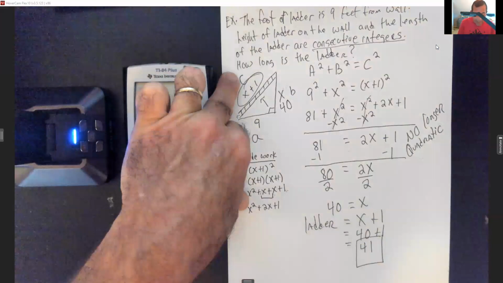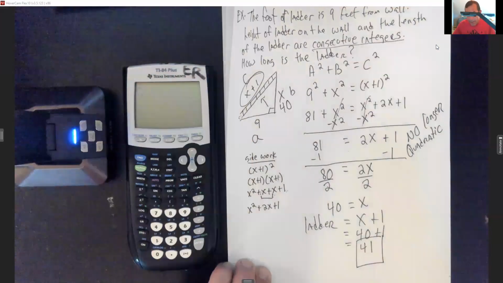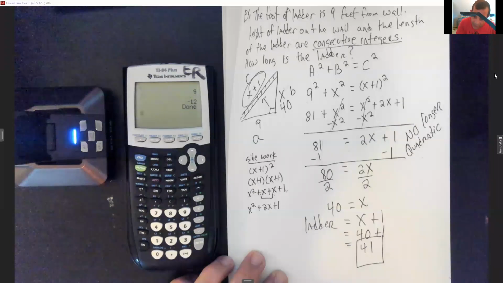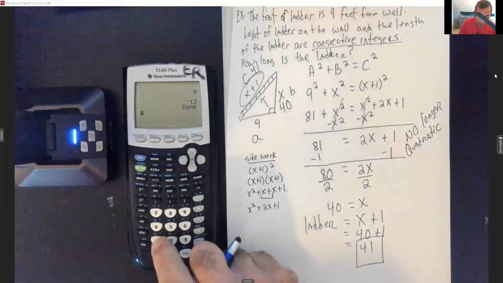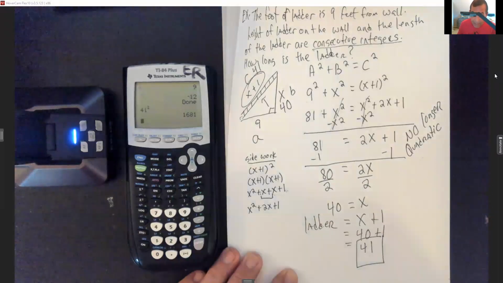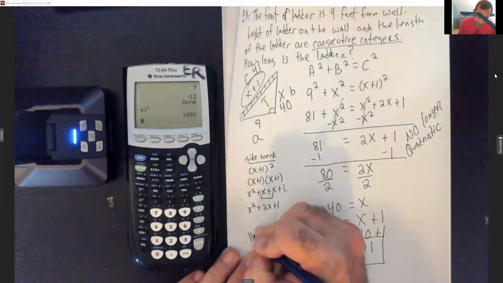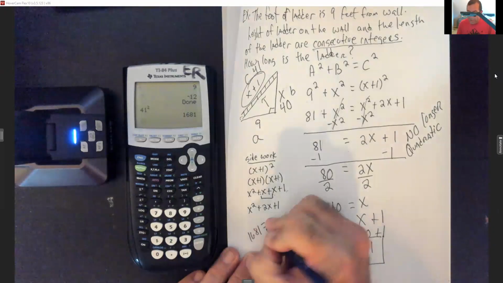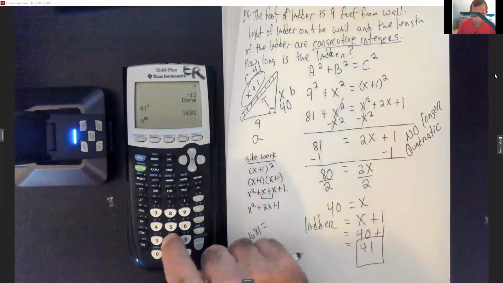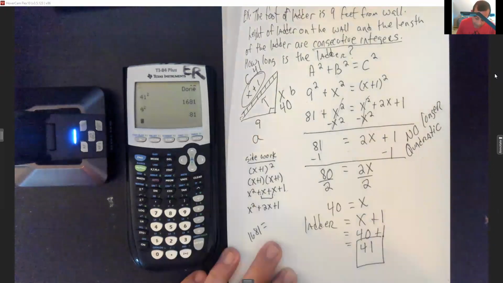Now, y'all, what's neat about this, let me show you this. To sort of check myself, I know this side was 41, so let's see what 41 squared is. If you square 41, you get 1681. So I'm going to write that here. This side was 9, so let's square the 9. 81.